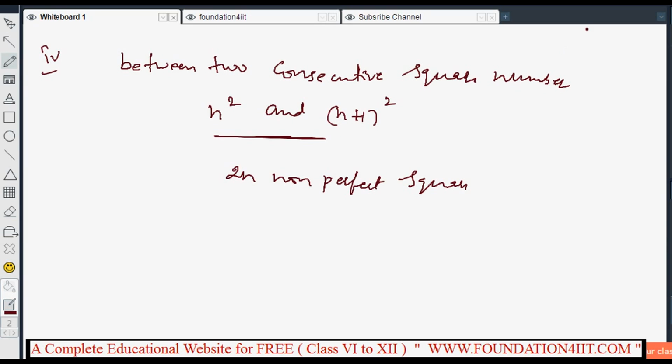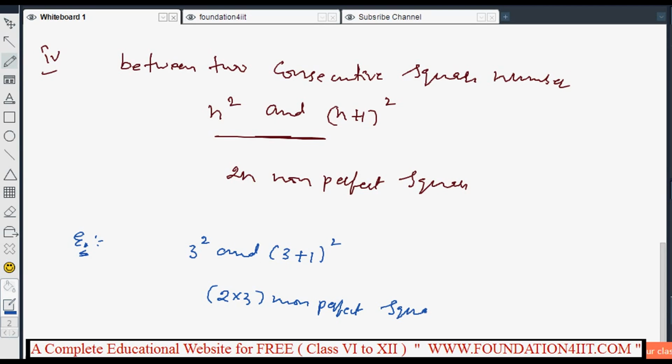I'll give you an example. For example, 3 square and 3 plus 1 whole square. In between these two, there are 2 into 3 non-perfect squares. We'll check it now. 3 square is 9 and 3 plus 1 whole square is 4 square, which is 16.